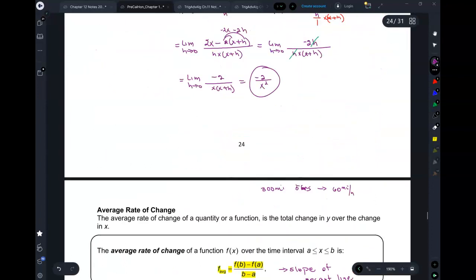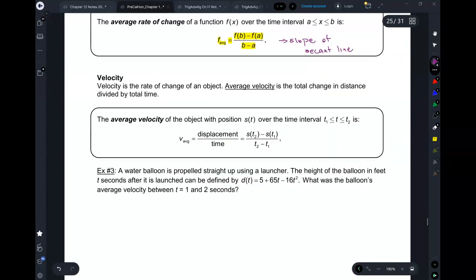Okay, the most common examples for these are velocity and position and so on and so forth. So average velocity, again, is the total change in distance divided by total time. Total change in distance in math and physics is also displacement, okay? What's the difference between displacement and change in position?